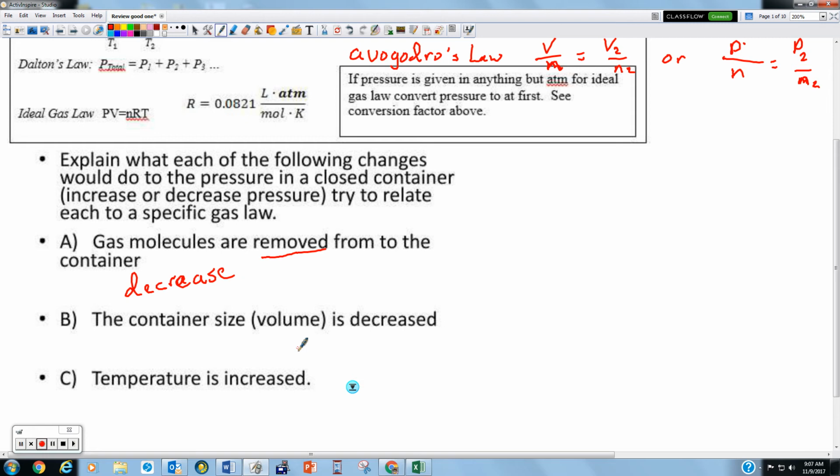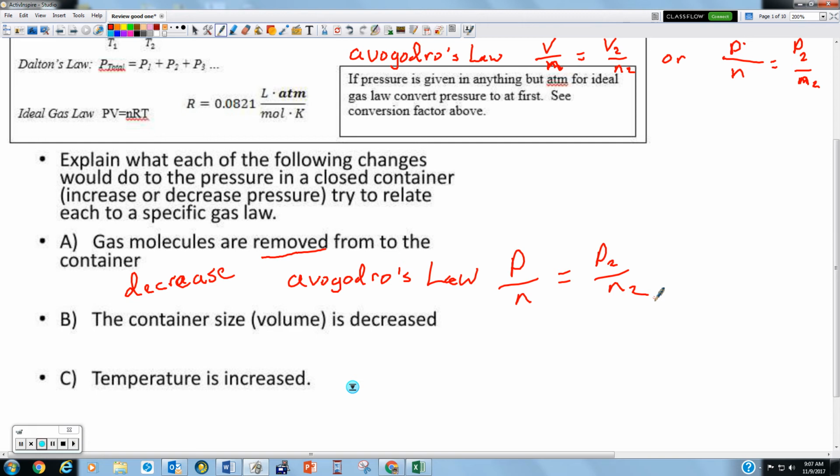And so which one, Charles, Dalton, Boyle, Gay-Lussac, which one dealt with changes in moles? Avogadro. And I would even go ahead and write the relevant equation just so that you get used to seeing it.